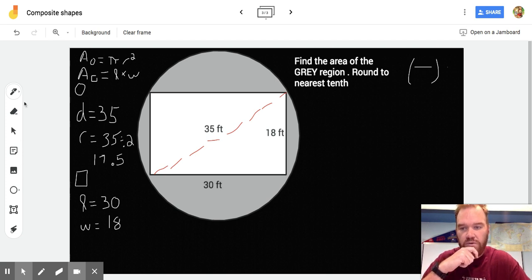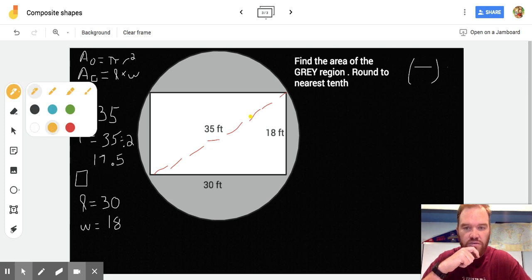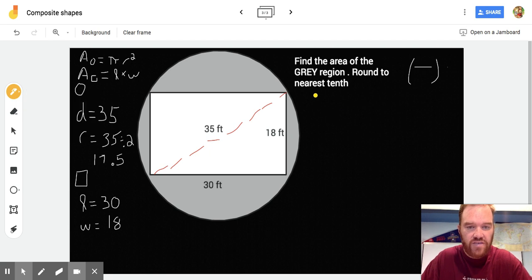What I'm going to do first is go with the dominant figure, which ends up being the circle because it's bigger. I'm going to find the area of that first. The area of a circle is pi times radius squared.